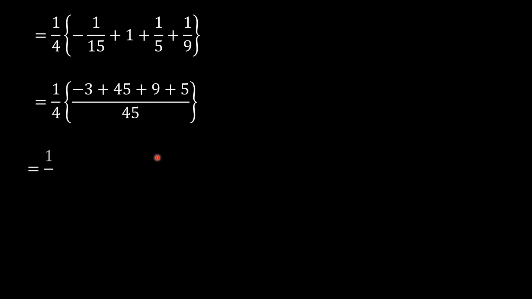So adding all that up, we get a quarter times 56 over 45. 56 divided by 4 is 14, so 14 over 45. So that's the answer that we were looking for.